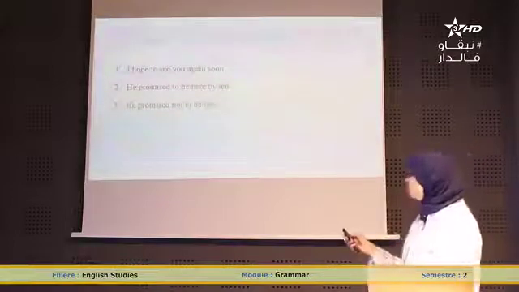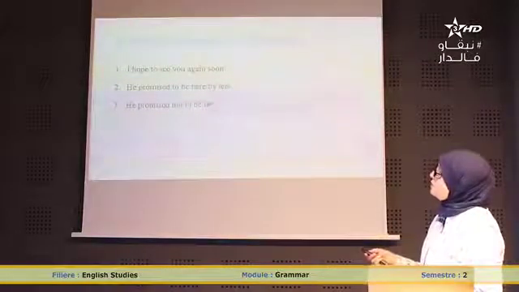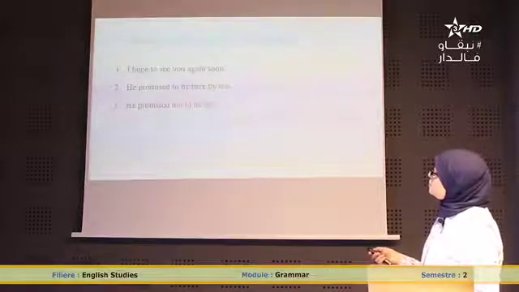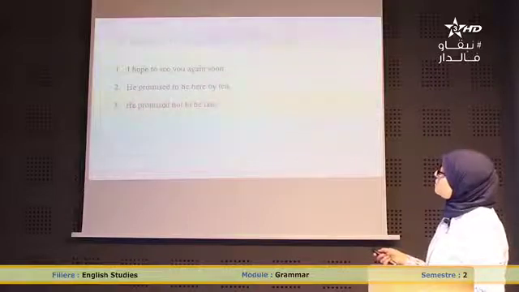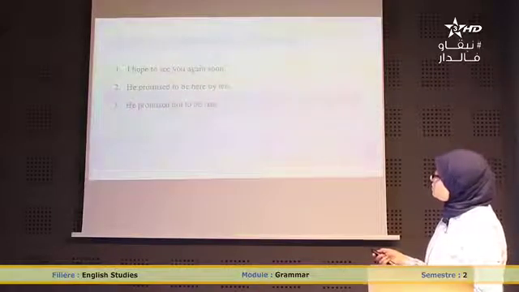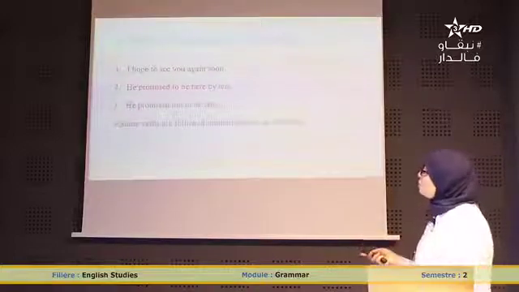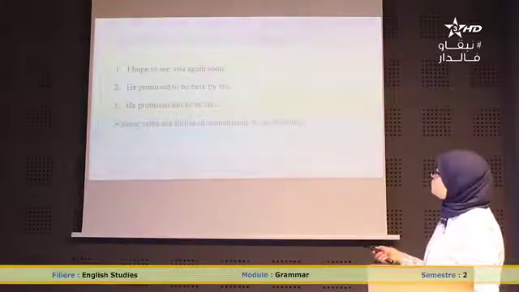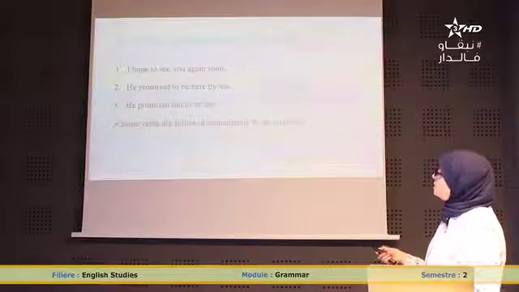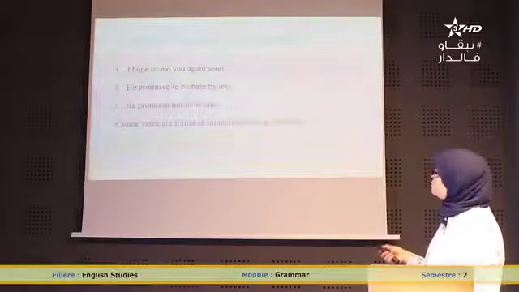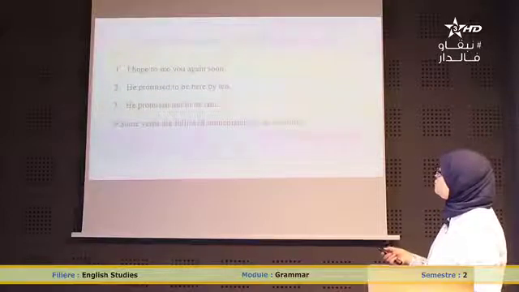He promised not to be late. Now again, we have the main verb here, and we have to be, but it is in the negative form. Notice that when we have not, it precedes the infinitive in the sentence. Hence, some verbs are followed immediately. Now we focus on the word immediately here, but we're going to see that sometimes we don't have an infinitive immediately after the verb in the sentence.